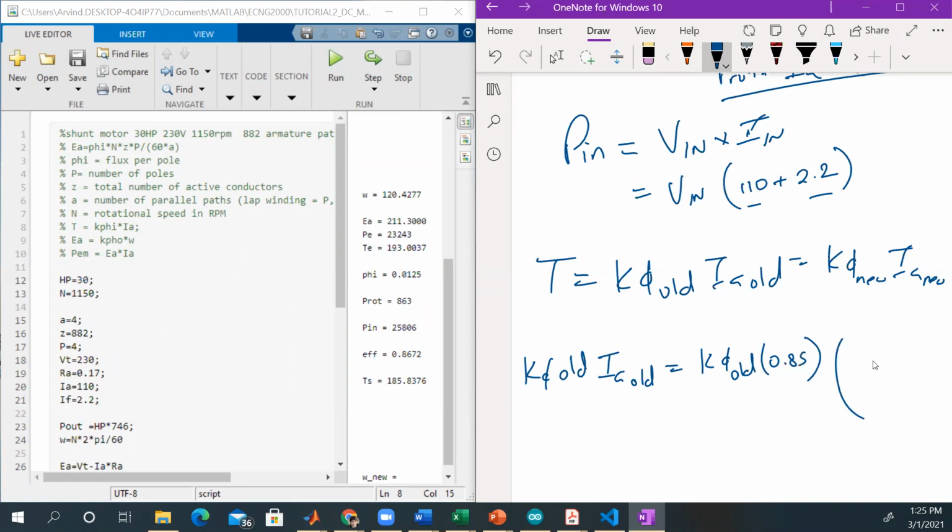So then IA new must be equal to IA old over 0.85, for these to cancel out and this to be equal. So IA new, everybody understands that?